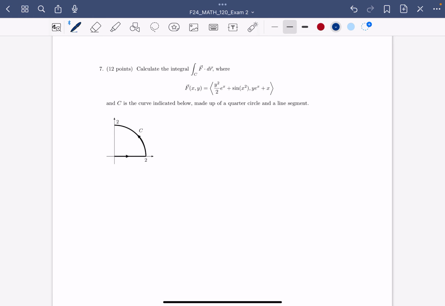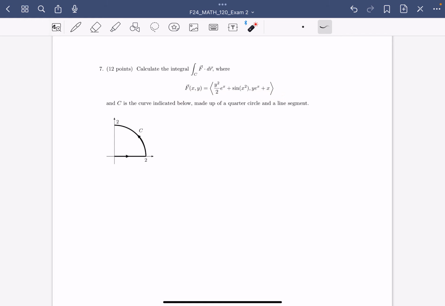Now we are given a slightly more complicated curve like this, and we're computing a vector line integral over this curve, and this vector field doesn't look nice, so we would try everything to avoid direct computation.